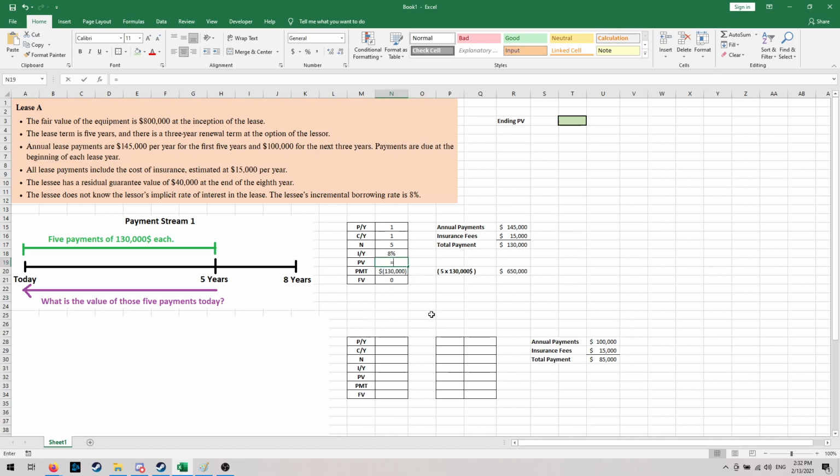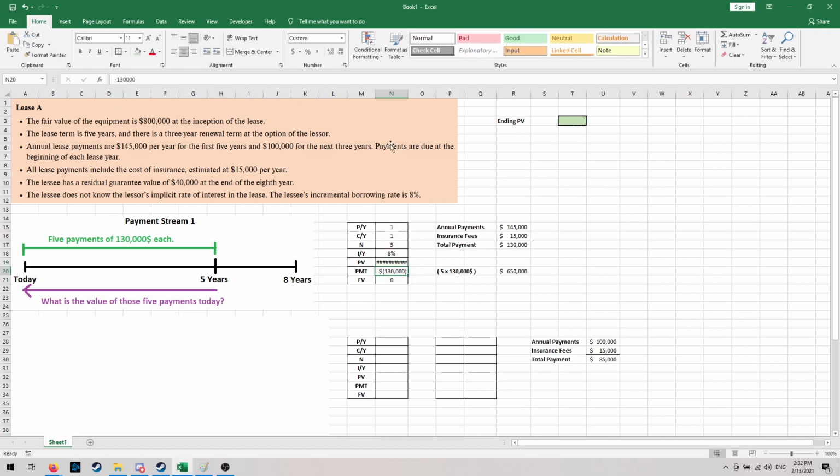So next what we're going to do is press equals PV, and we're simply going to fill out our formula. In this case, our rate, then the total number of payments, in this case 5, the amount of the payment, or PMT, that's the same as the button on our calculator, the future value, and the type. And in this case, we will use the 1 flag since we're paying at the beginning of the period.